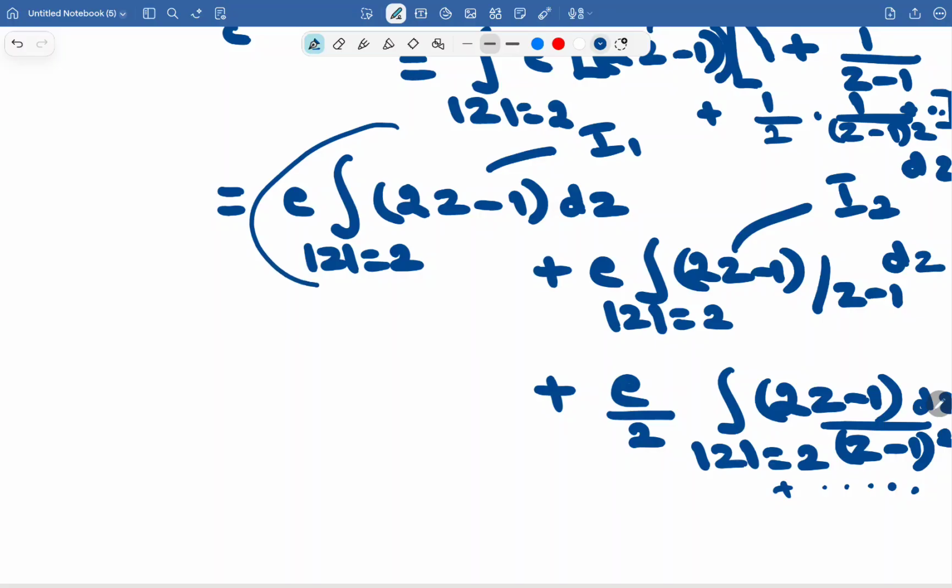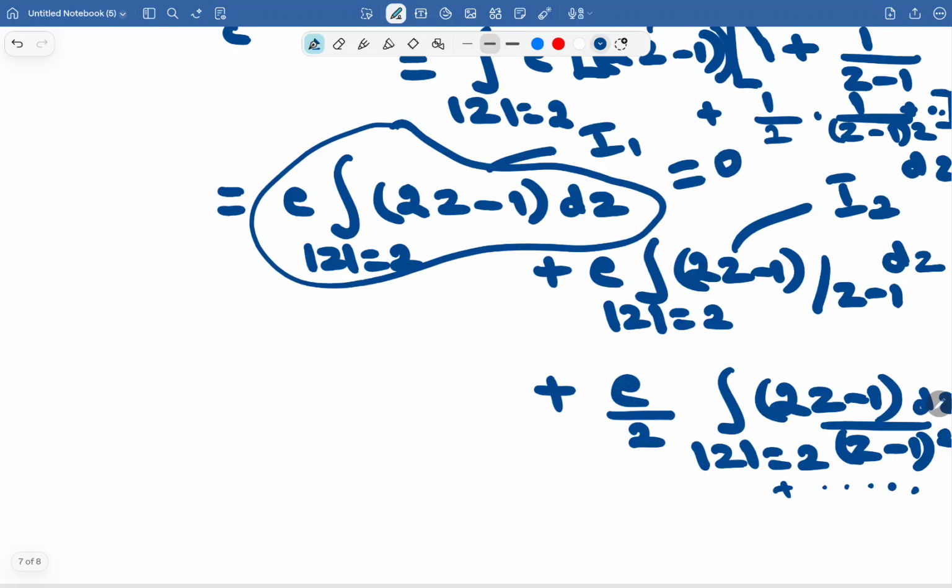See this I1, that is, the integral of (2z minus 1) into dz over the circle mod z equal to 2, must be equivalent to 0 by Cauchy theorem.